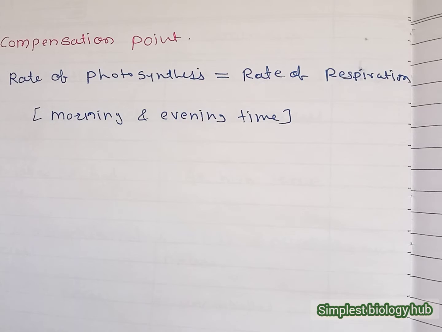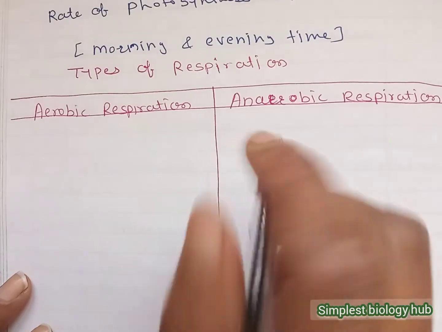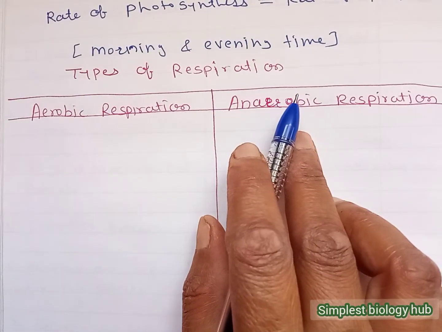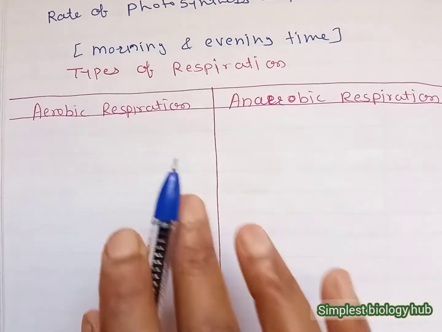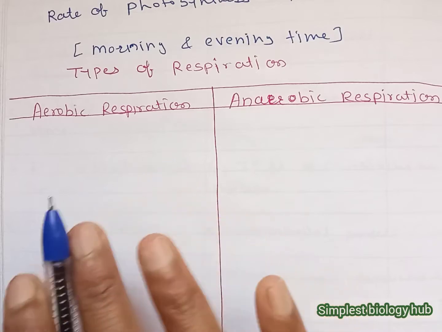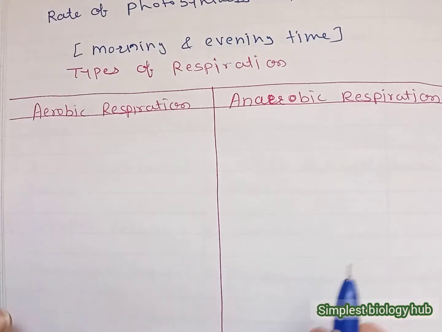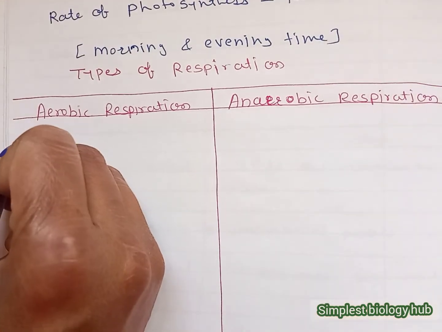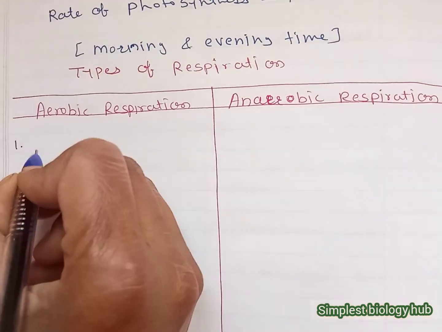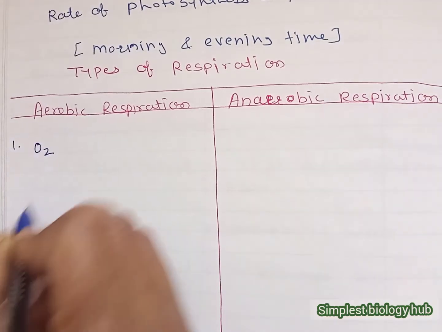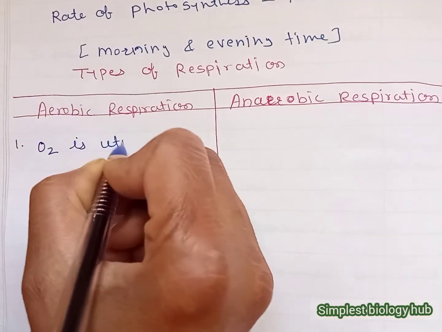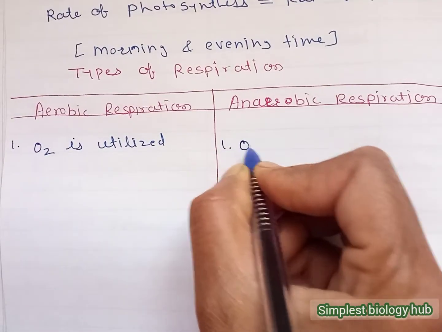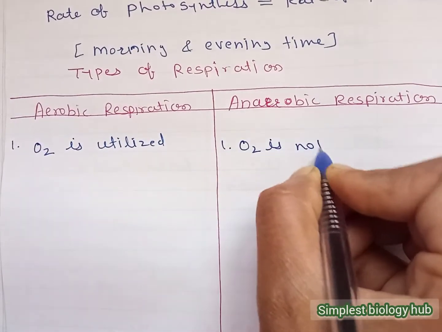Now we talk about the types of respiration. Respiration is generally divided into two types, aerobic respiration and anaerobic respiration, and according to their type they have a lot of differences between them. We will discuss some basic differences between aerobic respiration and anaerobic respiration. The first and very important difference is, in aerobic respiration, oxygen is utilized, while in anaerobic respiration, oxygen is not utilized.